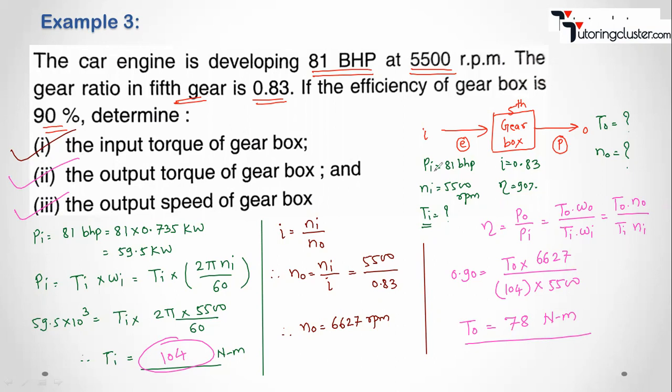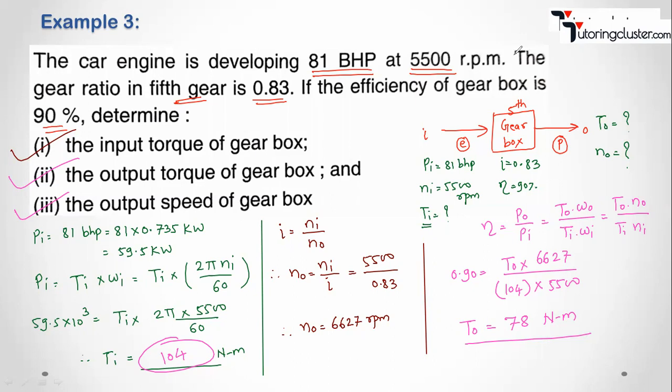Okay, so this is how you have to solve the example. You can pause the video and note down all the things. This is how you are supposed to solve the examples based on gearbox. Hope you have understood all the details related to gearbox. What is the need of gearbox? Location of gearbox is important. Function of gearbox, right?